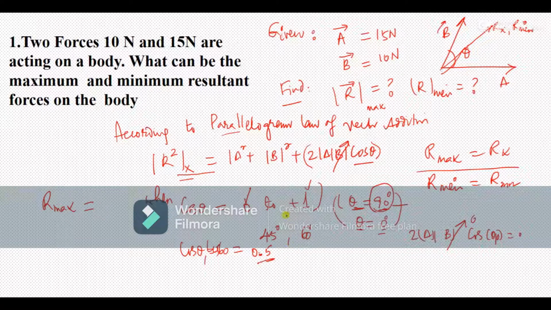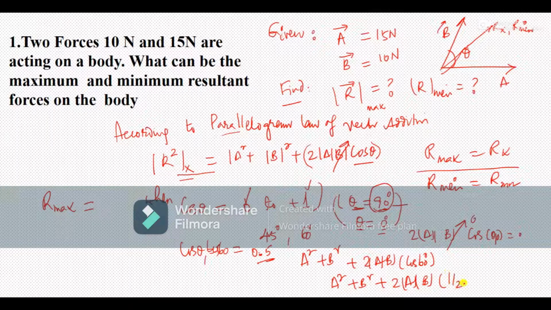When it is 0.5, this will be A square plus B square plus 2AB cos 60, that is equal to 1 by 2, so this becomes only AB. Here we can write it as A square plus B square plus AB. Still we don't know whether this is a maximum value or minimum value.